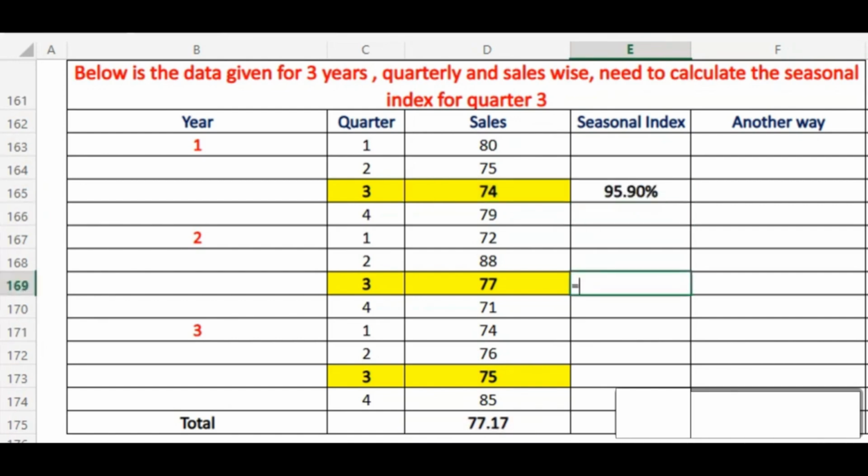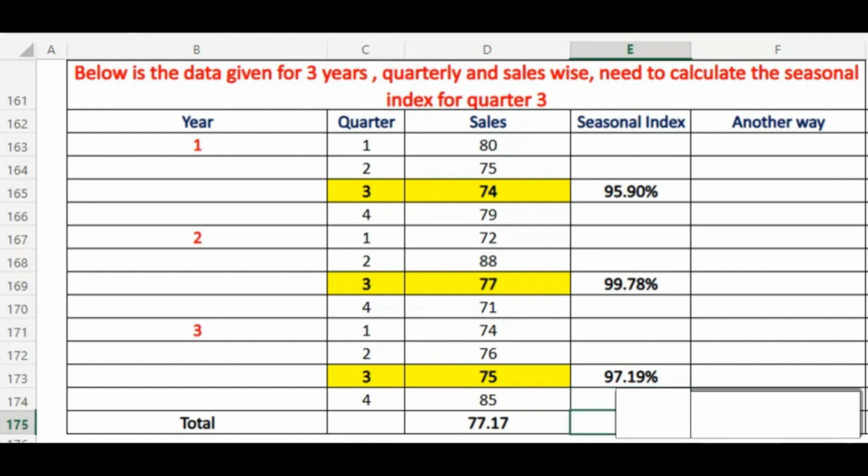The same way we have to do for other quarter three data for all of the years. 77 divided by 77.17. The same way we have to do for third year of third quarter. That would be your 75 divided by your 77.17. So these are the seasonal index of all of the three quarters of the 3 years.